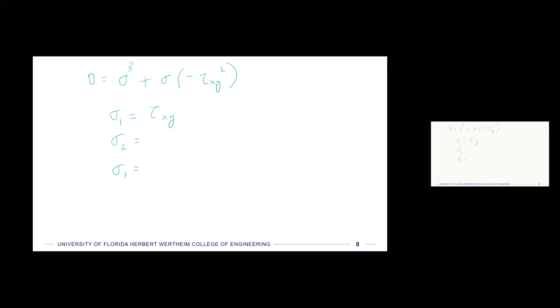Surprise, surprise, we only have a shear stress. And sigma 2 equals 0, and sigma 3 equals minus tau xy. So these three solutions, if we substitute each one of them back in for sigma, should satisfy the equation. So that's helpful.